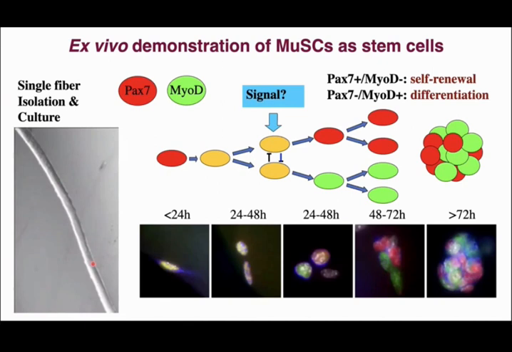But if you look very closely, if you magnify any region, you can see stem cells on the fiber. In this case, we don't see the background fiber, but we only see the stem cells. When we grow this in a culture condition, in the first 24 hours, the cells are not divided. You only see one cell.